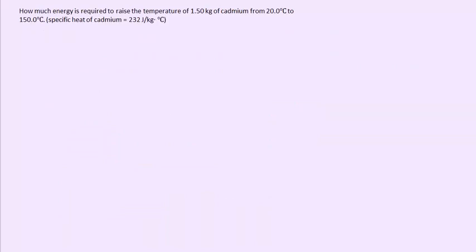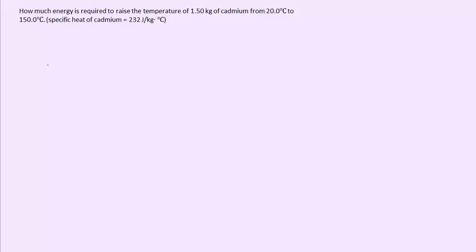In our first example, we're asked how much energy is required to raise the temperature of 1.5 kilograms of cadmium from 20 degrees Celsius to 150 degrees Celsius. And we're given that the specific heat of cadmium is equal to 232 joules per kilogram degrees Celsius.